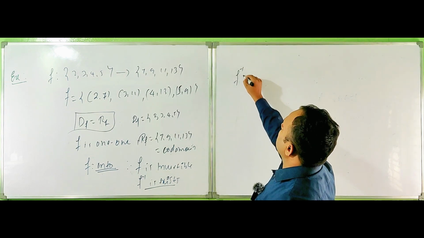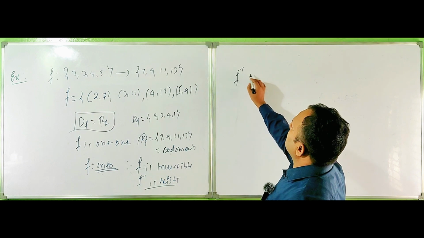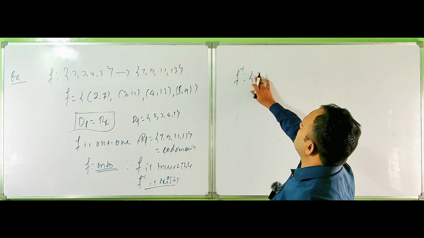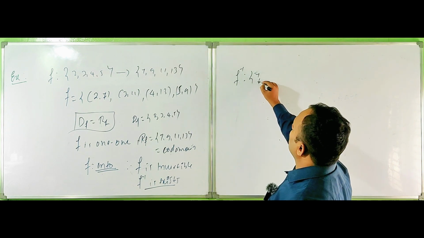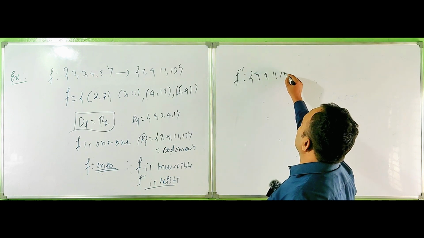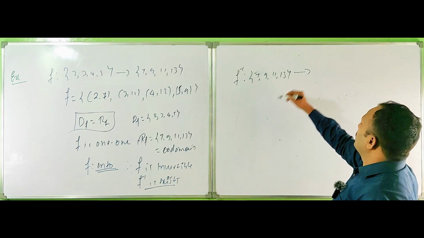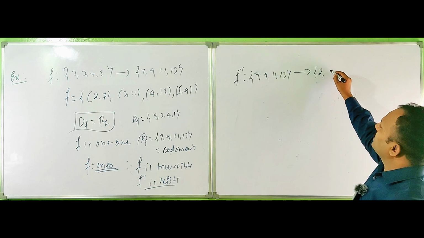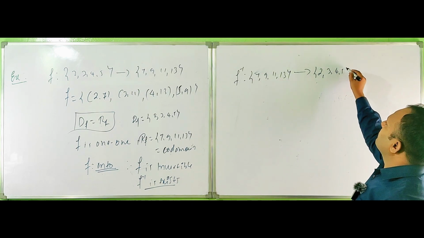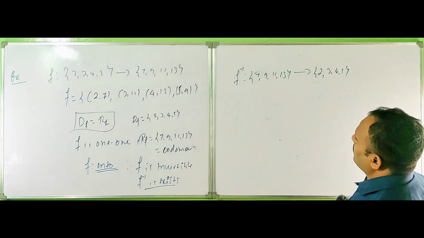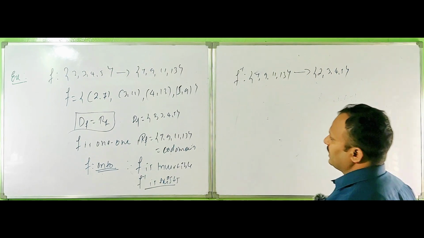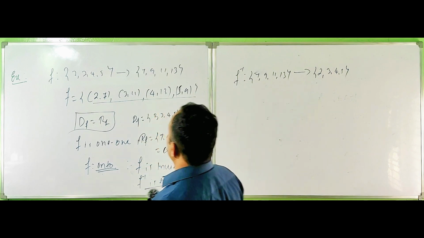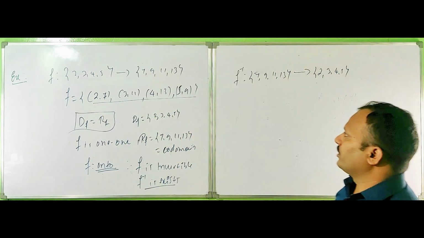F inverse is a function from 7, 9, 11, 13 to 2, 3, 4, 5. They are not written as corresponding elements, but we have to write it this way. Order is very important.